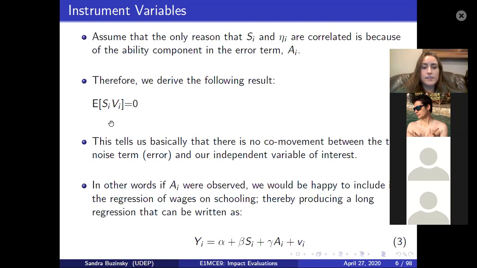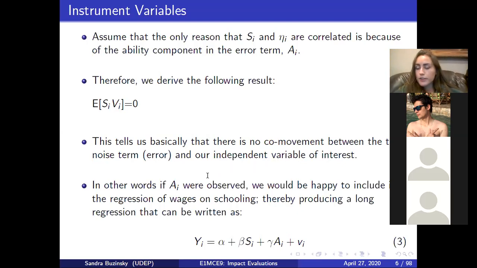Okay, so that the expected value of S_i v_i equals 0 tells us that there is no co-movement between the noise term, our v_i, and our independent variable of interest, which is S_i. And when I say independent variable, I'm talking about X, and dependent variable, I'm talking about Y, because I will typically refer to them as dependent and independent, or X and Y. The regressor would be X. Okay.